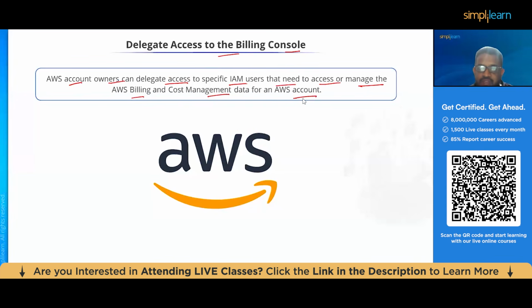Let us consider I have one ABC organization. The AWS account owner can delegate access to specific IAM users that need to manage the AWS billing and cost management data. Instead of keeping thousands of employees, if I keep only Karthik as admin, can Karthik manage the work of 1,000 people?